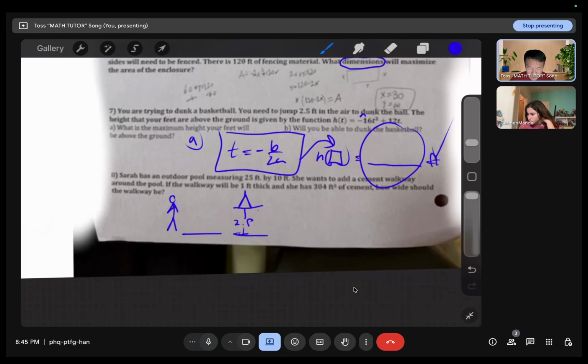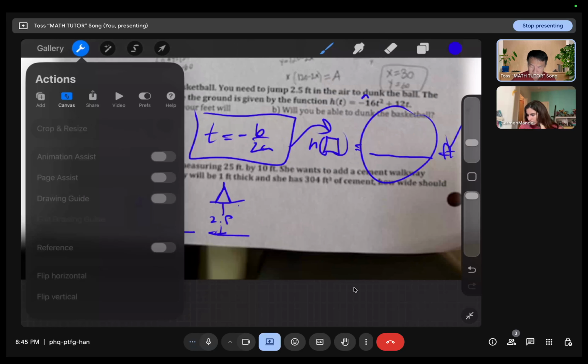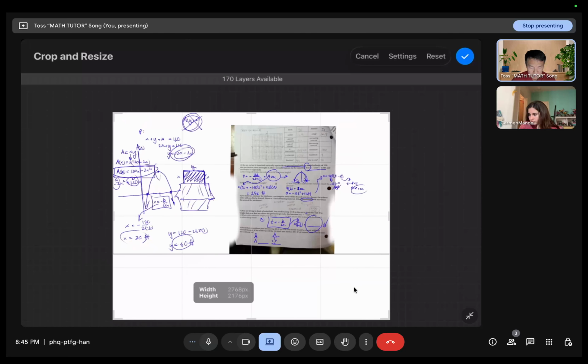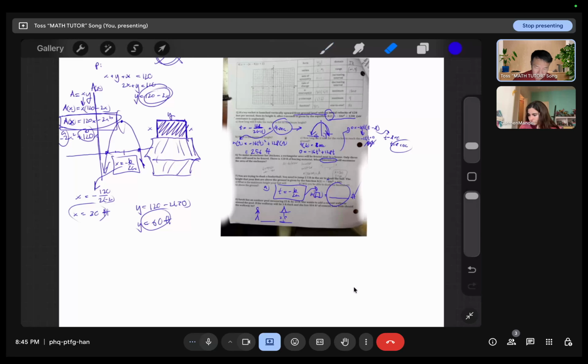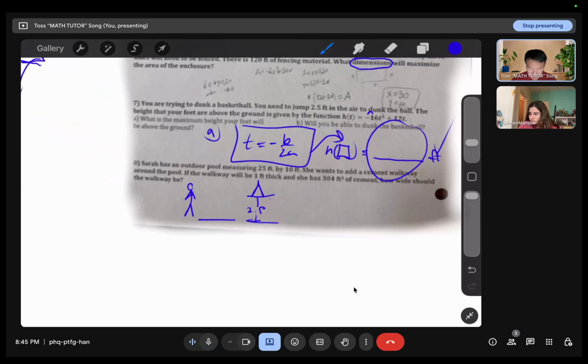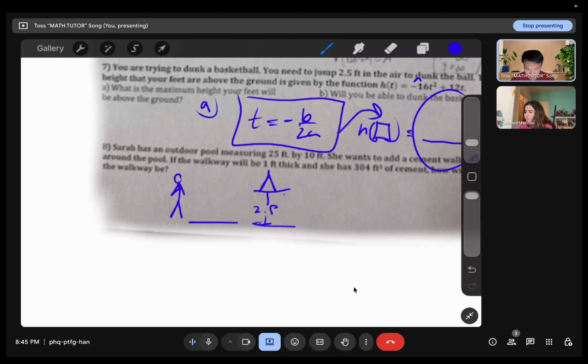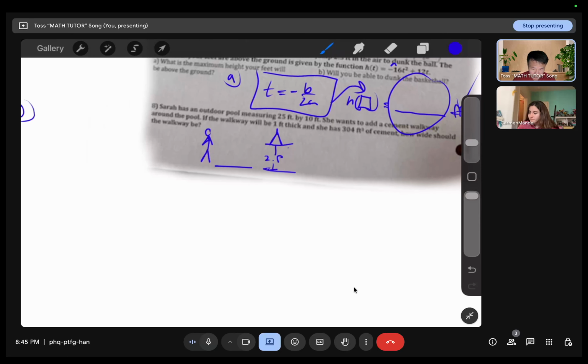All right. Let me see. This is distracting me here. Okay. Sarah has an outdoor pool measured. Okay, I'll sketch that quickly.